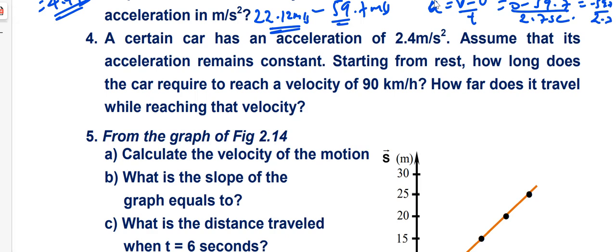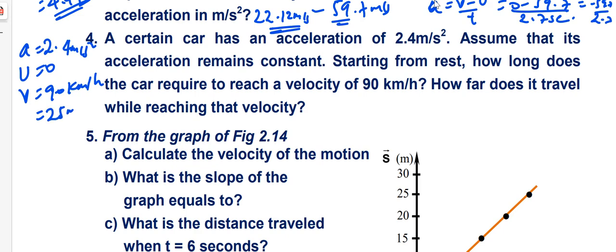In this case, the givens are acceleration equals 2.4 meter per second square, initially it is 0, and finally it is 90 kilometer per hour. 90 kilometer per hour means 25 meter per second, and we are requested to calculate the acceleration time.